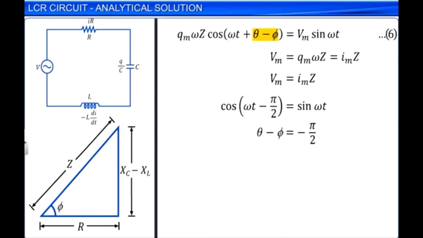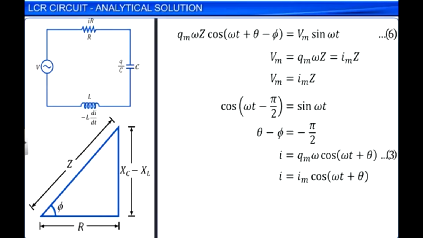Since Im is equal to Qm ω, we get I equal to Im cos(ωt + θ). Since θ minus φ equal to minus π/2, we have θ equal to φ minus π/2.